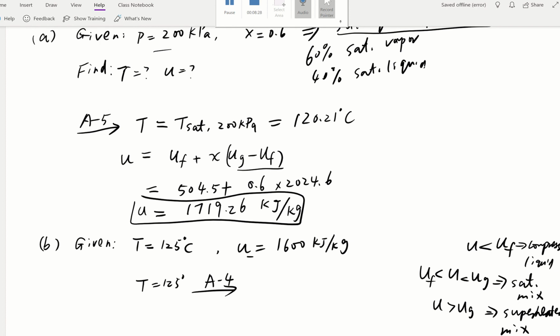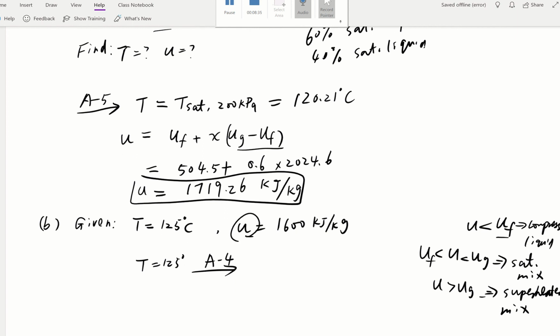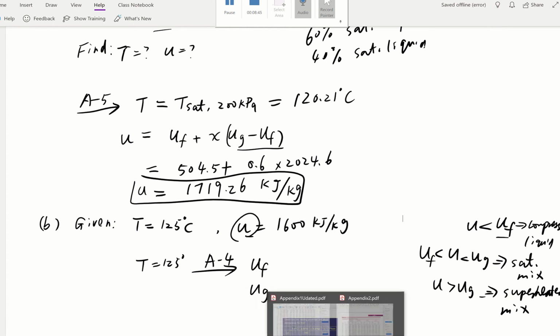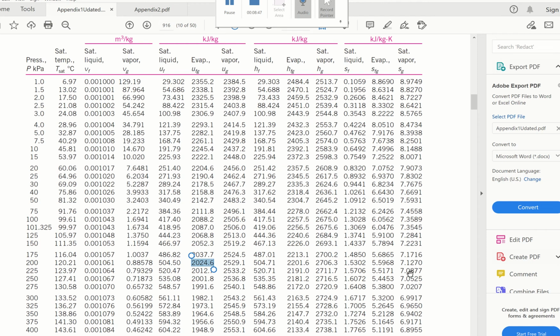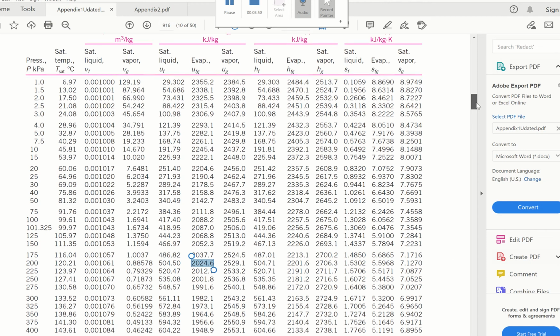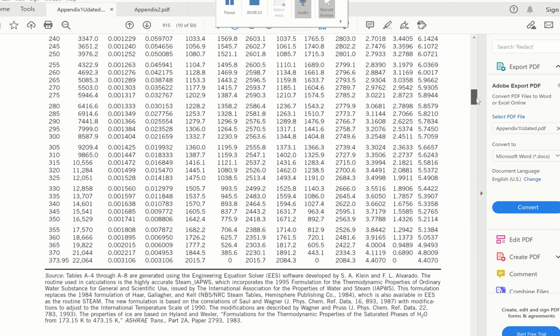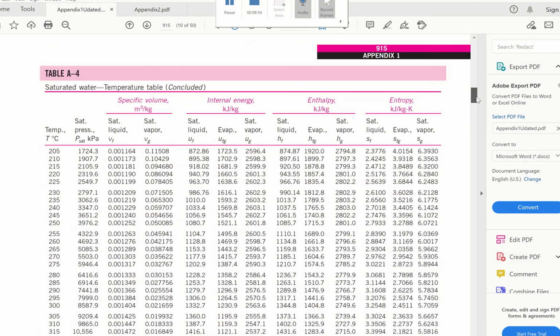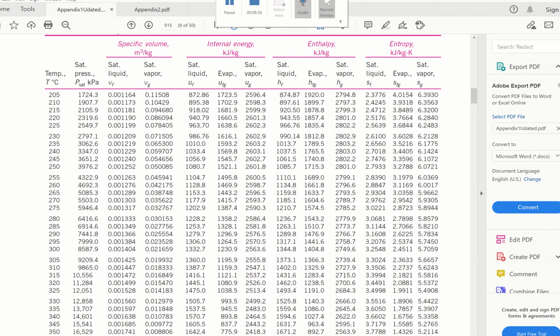So we go to Table A-4, and we're going to use this given U to compare with Uf and Ug. At Table A-4, what is going to be our Uf, and what will be our Ug at 125 degrees? Again, this is SI units.